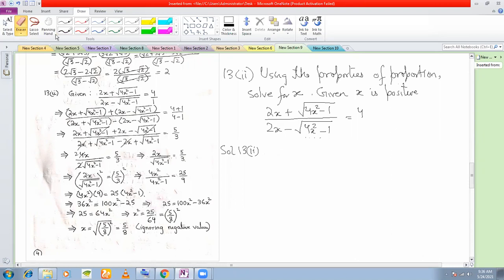The given equation is 2x plus square root 4x square minus 1 divided by 2x minus root 4x square minus 1 is equal to 4.